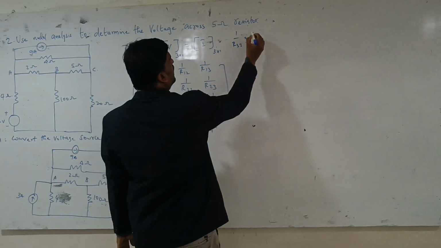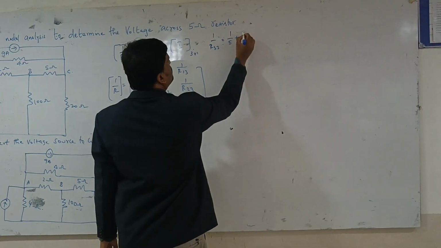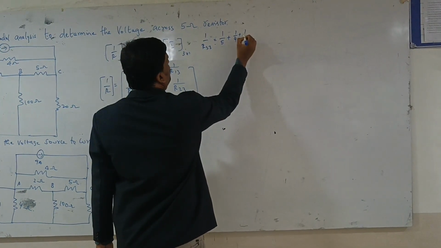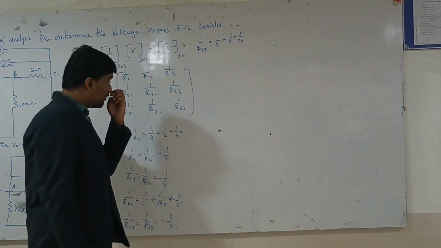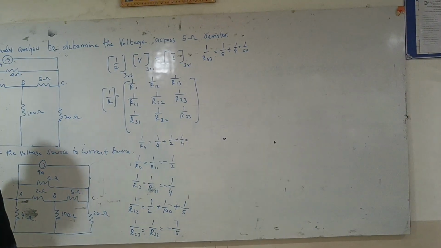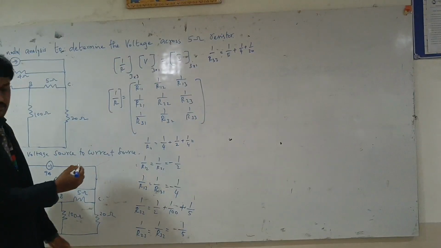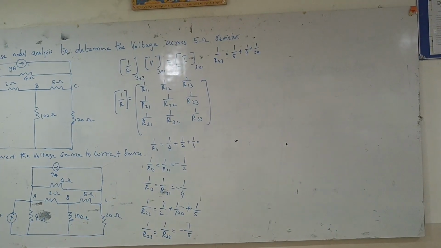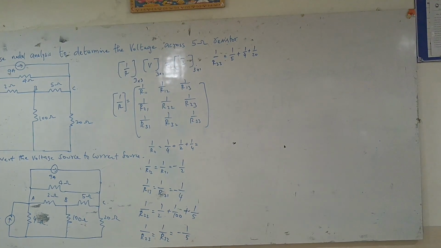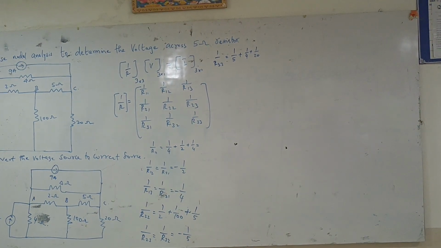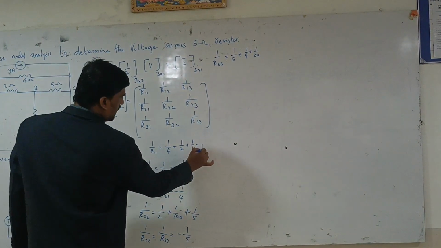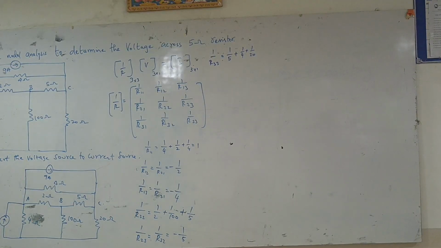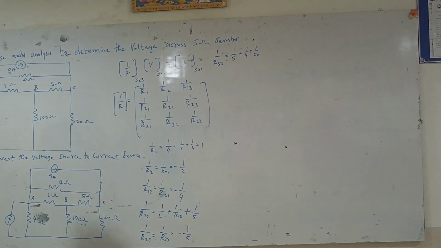So 1 by 5 plus 1 by 4 plus 1 by 20. So the value for 1 by R33. Now after solving we will get the value for 1 by R11, which is equal to 1, and 1 by R12 is minus 0.5.